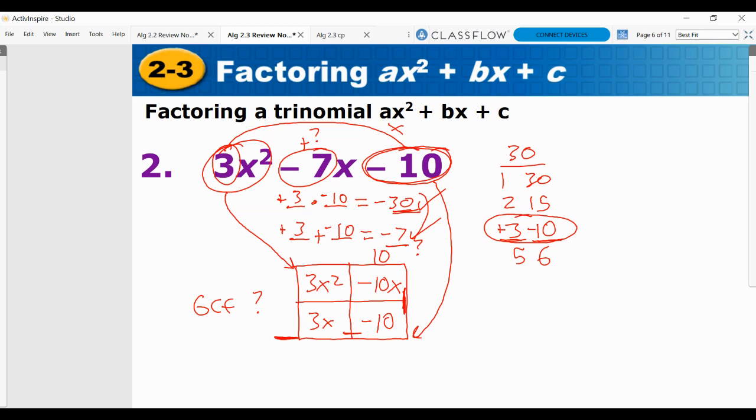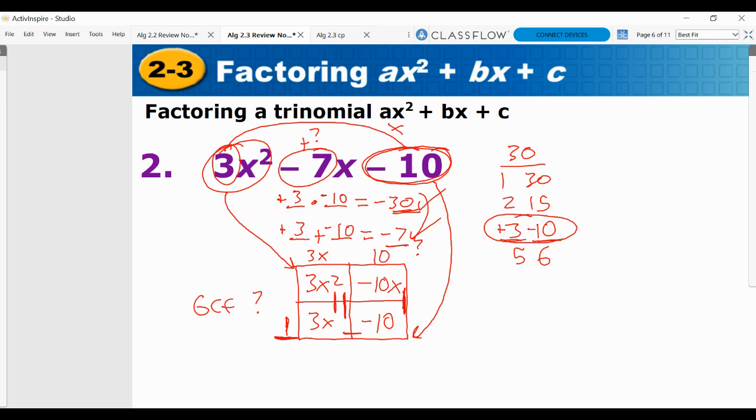So when there's nothing in common, we can still put a 1 right there. Now let's take a look at our other pairs. So let's go this way. So 3 and 3, our greatest common factor for 3 and 3 is 3. And they each have one x in common, so we'd have a 3x.